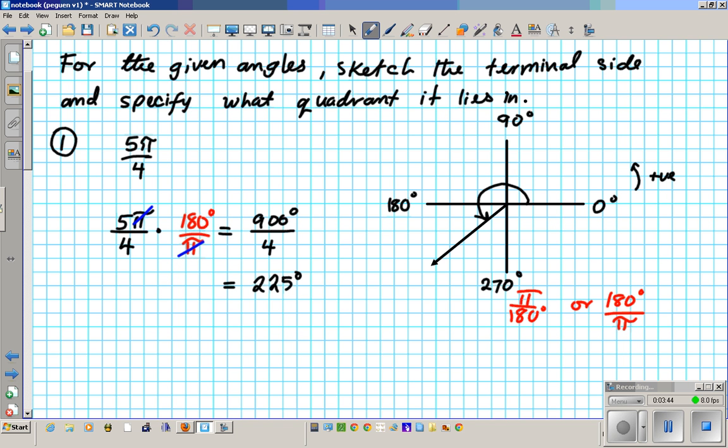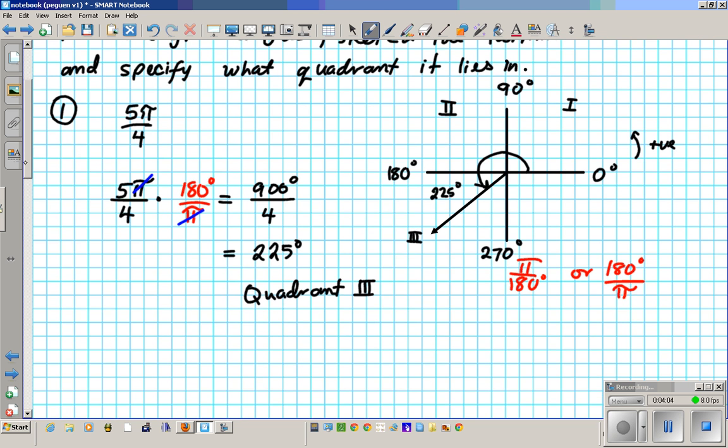Bam. So that is 225 degrees. What quadrant is this? We know this is 1, this is 2, and this is 3. So our terminal side is in quadrant 3.